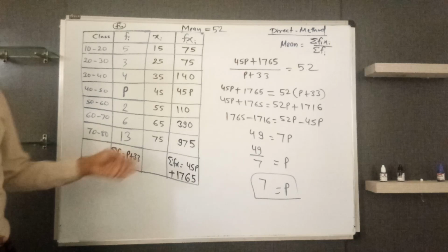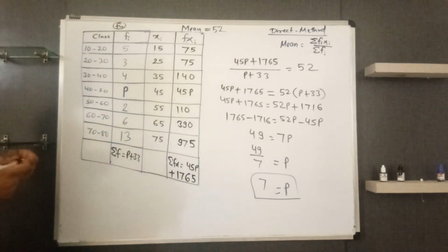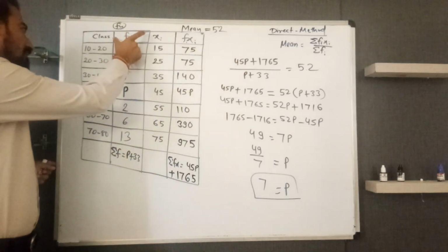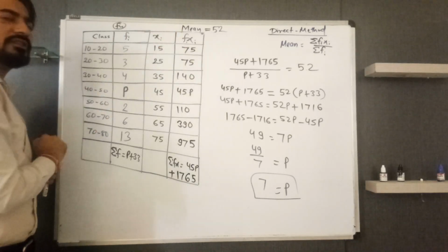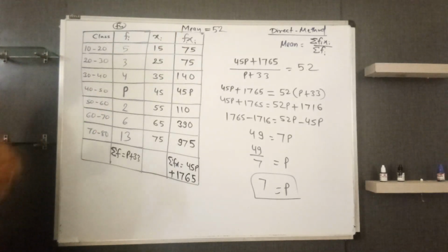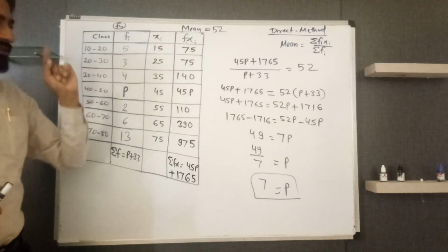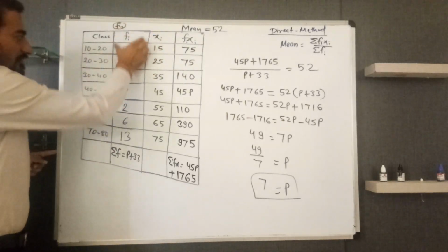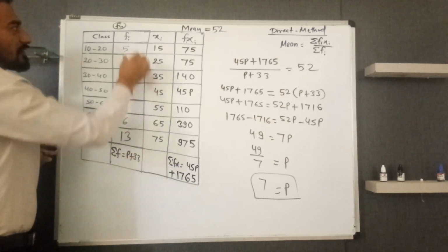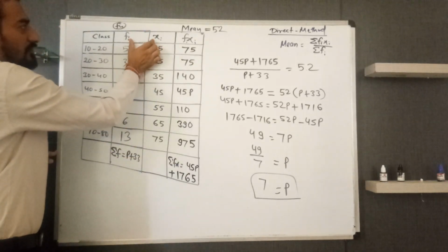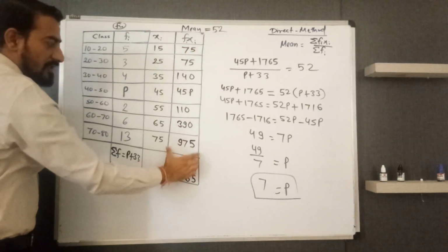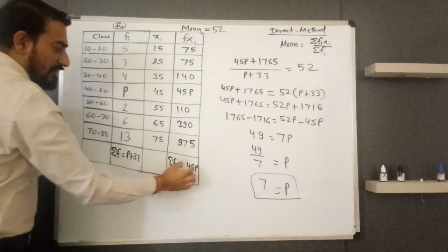Have you understood? See, if you know the formula to find mean for direct method, you will come to know we need x and we need fx. The next step, sigma f. The next step, find the product of f and x, all the products. The next sigma fx.